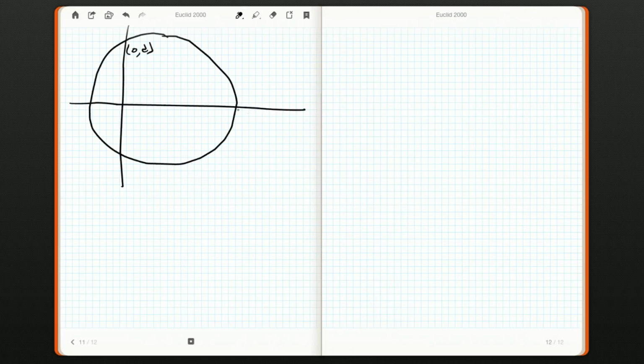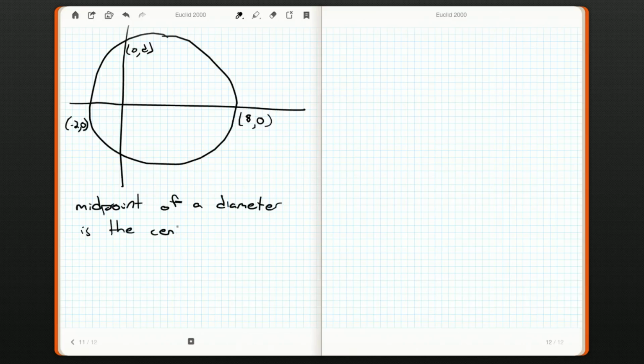So we have 0, D, we have 8, 0, and we have negative 2, 0. Okay? So the midpoint of a diameter is the center of a circle.